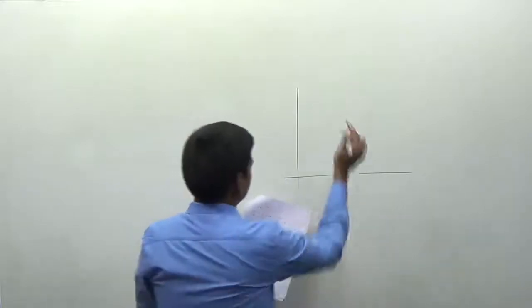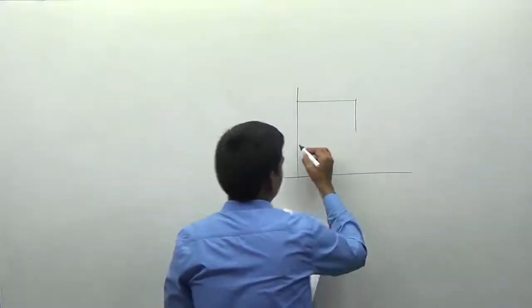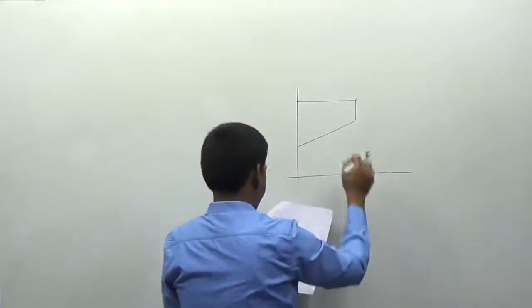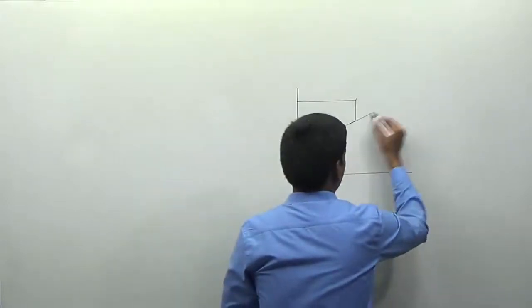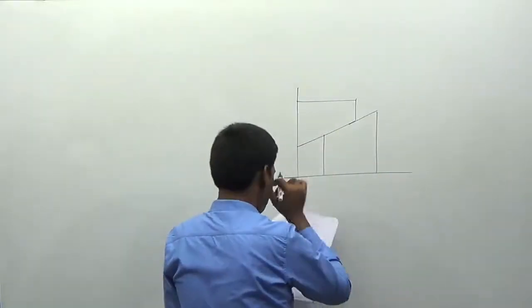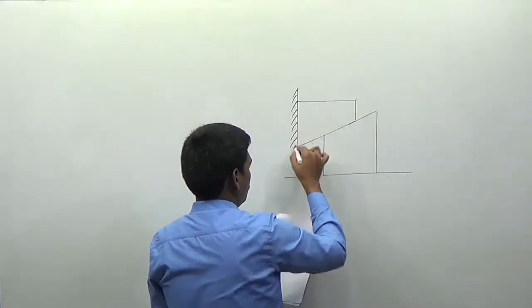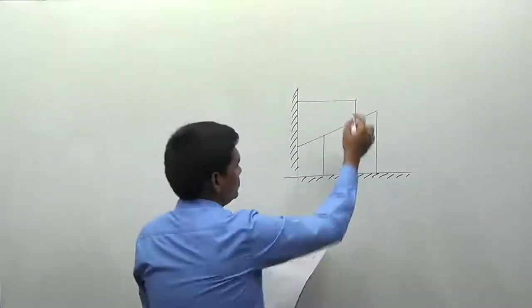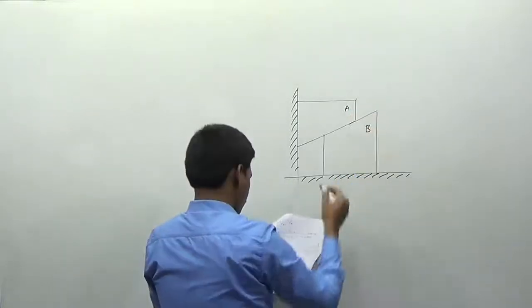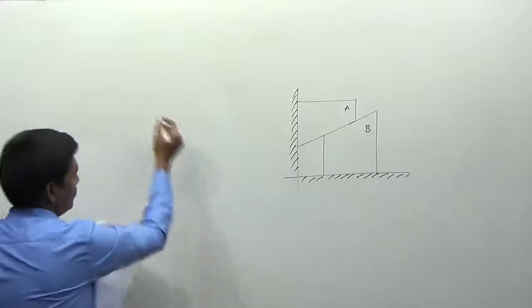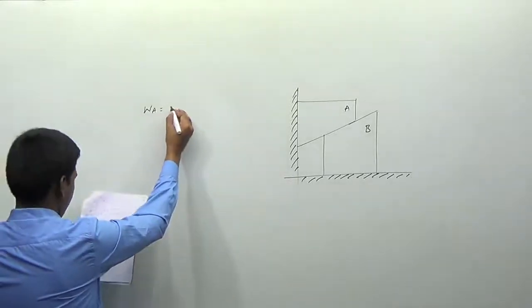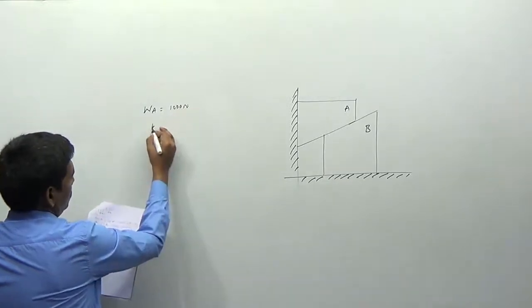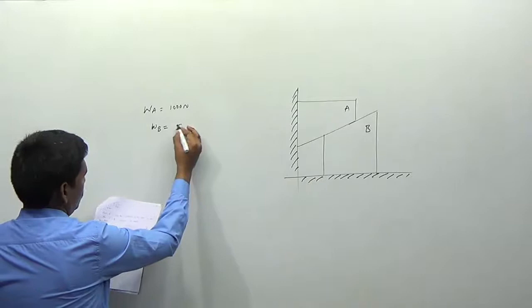Now I am drawing the figure for you. This is block A and this is block B. The weight of block A is 1000 newtons, and the weight of block B is 500 newtons.